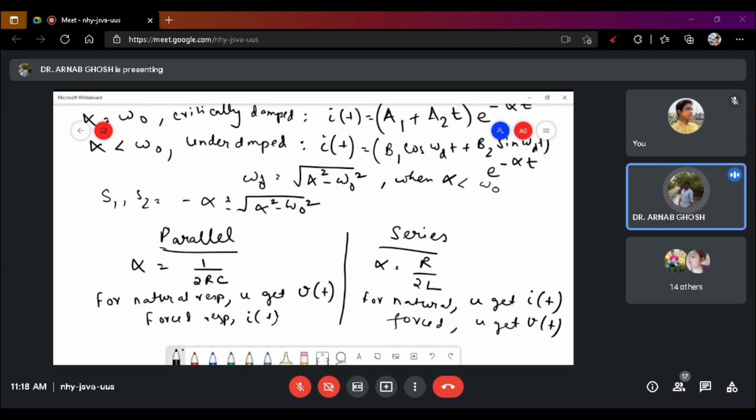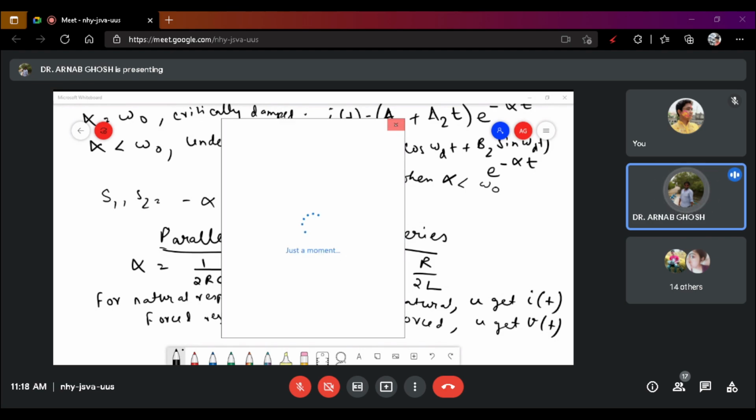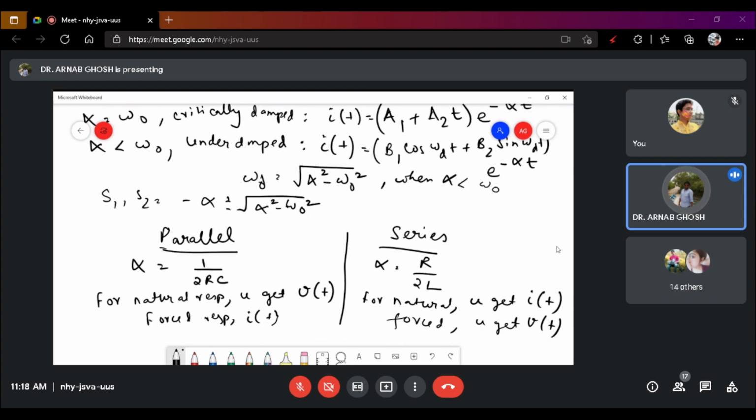From there you will know the nature of the curve, or what type of curve you are going to get. You can calculate the S1 and S2, that is the two transient states or the transient times. And at any particular t, say t equals 1 second, you put this in the formula and you can calculate if the graph has that value or not at that particular time from the formula. You can derive it as well.